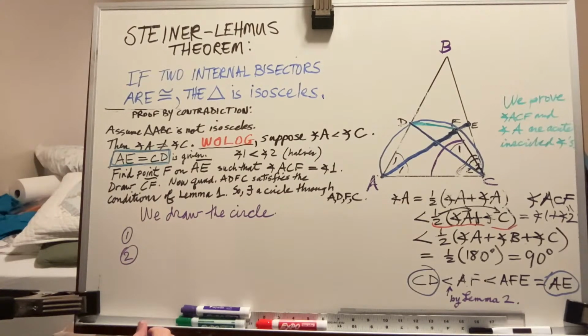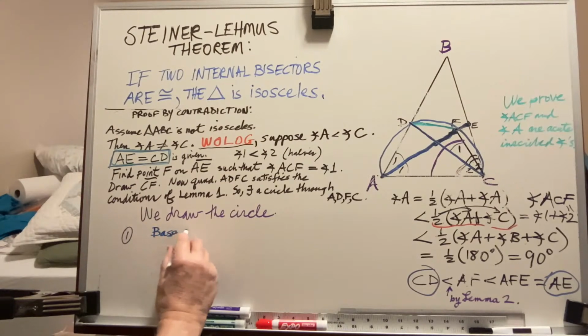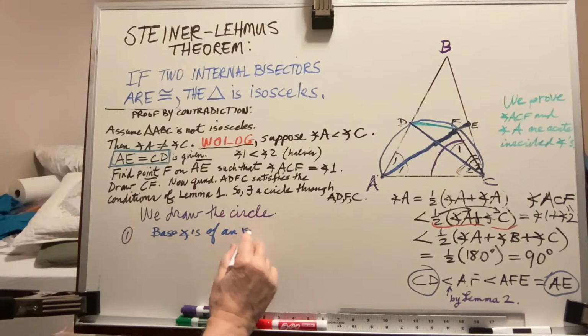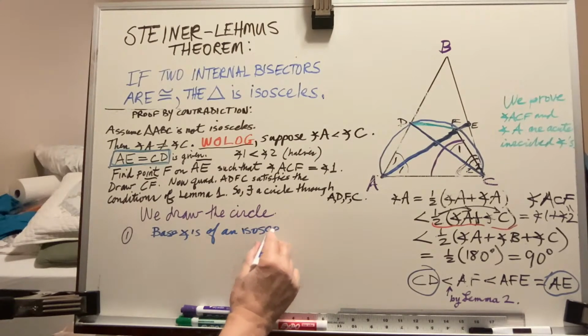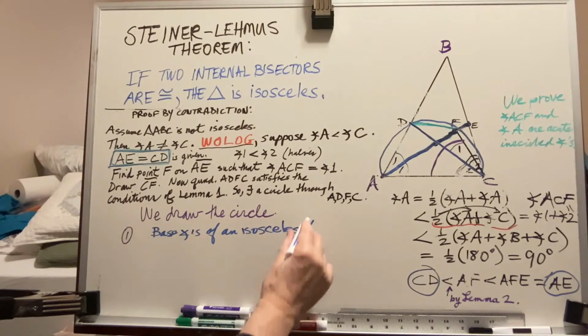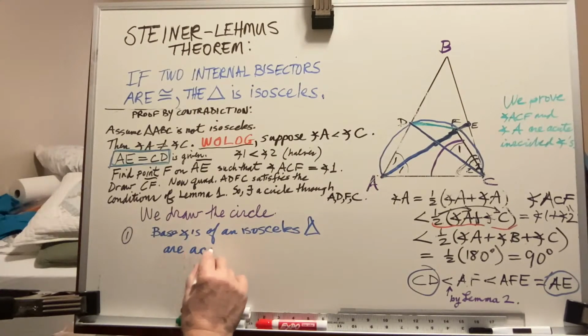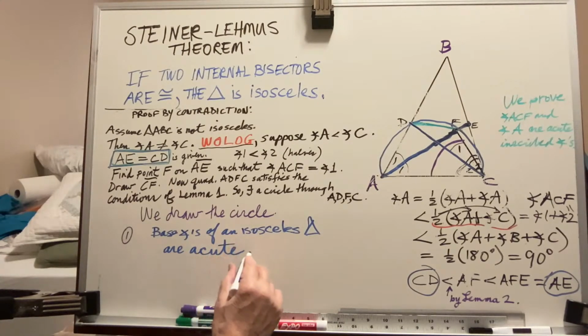Now, another thing that we recognize is that the base angles of an isosceles triangle are acute, all isosceles triangles.